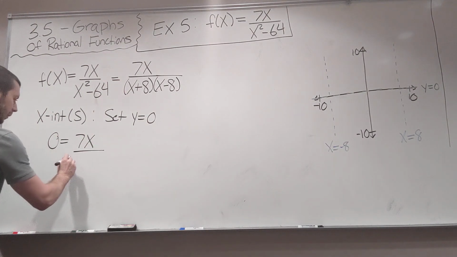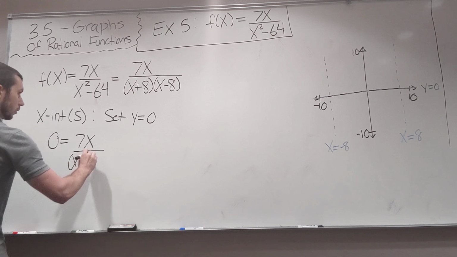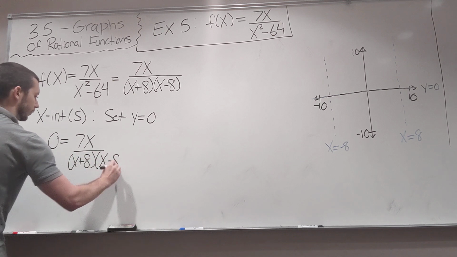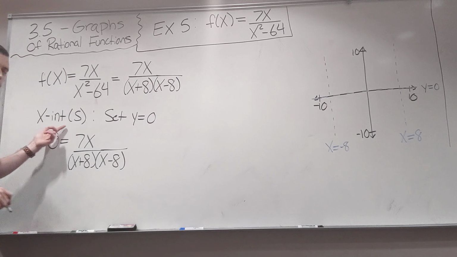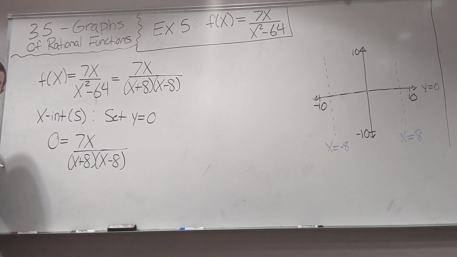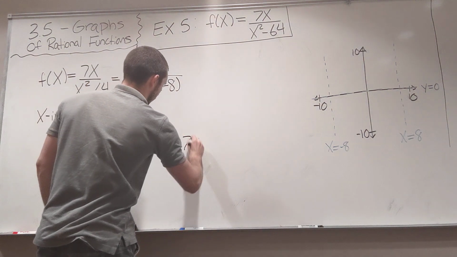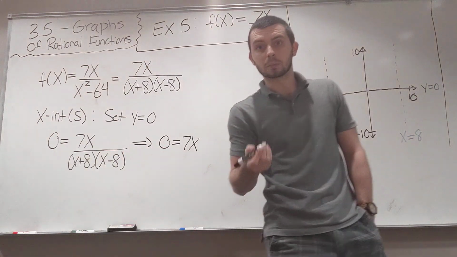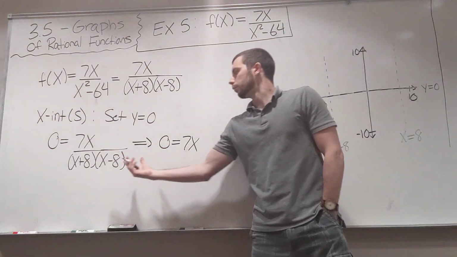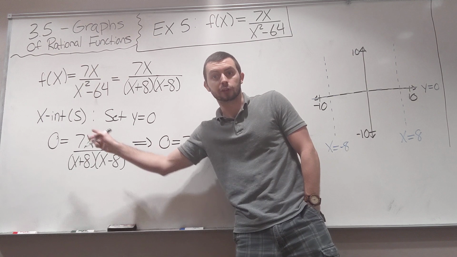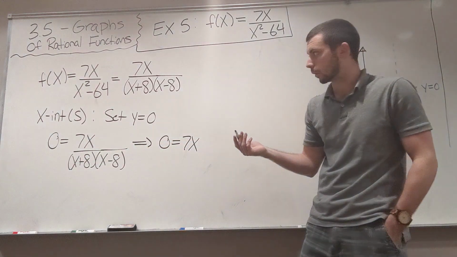Or another way you can think about this is your x-intercepts are when your numerator is set equal to 0. If you don't realize that immediately, that's okay. You end up getting to that step immediately after you clear out the denominator. Because once you clear out the denominator, well, you're multiplying the denominator to 0, which is always 0.